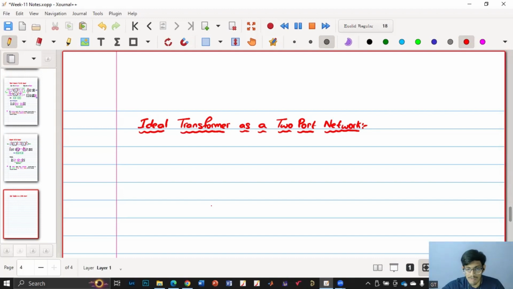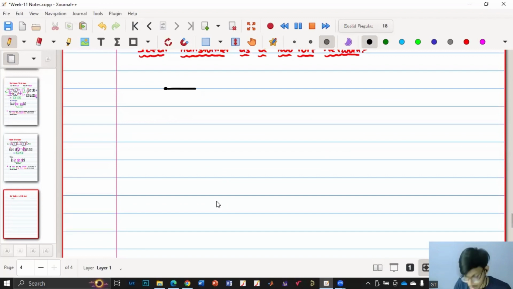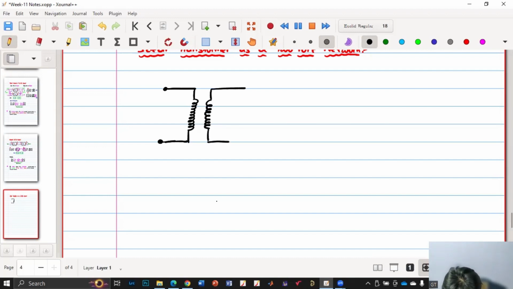So let us consider one ideal transformer. Okay, so first let me quickly draw the ideal transformer. This is the ideal transformer with the dot convention.